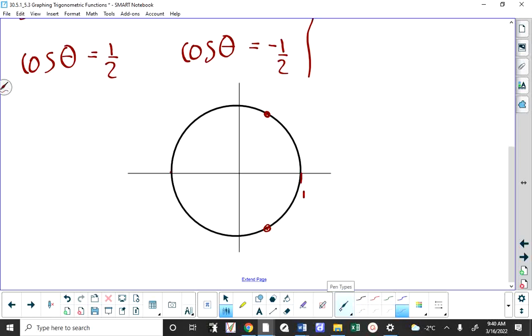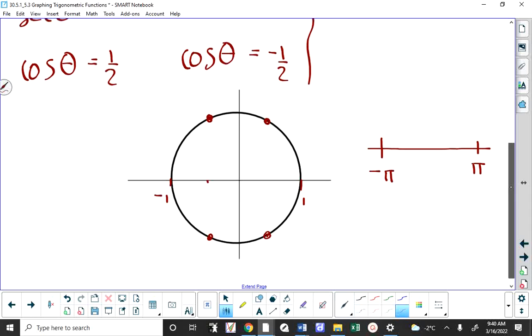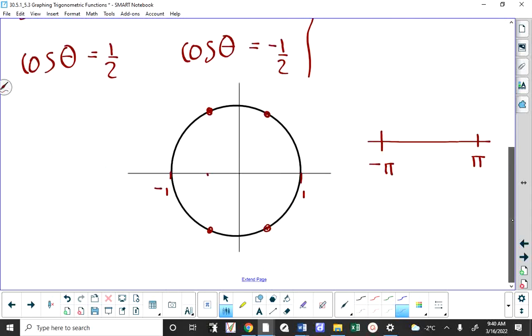Where is x negative a half? Well, it's up here and down here. These are the 2 locations that make cosine negative a half. Now, we have to look at the domain. The domain is from negative pi to positive pi, and I think it includes both of them.